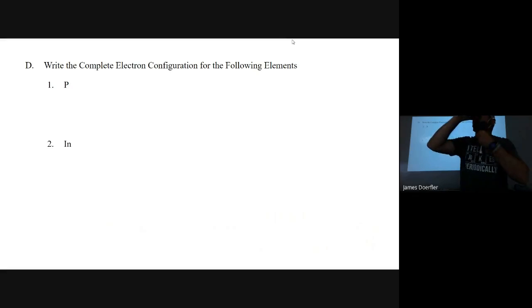We are going to begin our first electron configuration. First step is we have to locate our element in question on the periodic table.